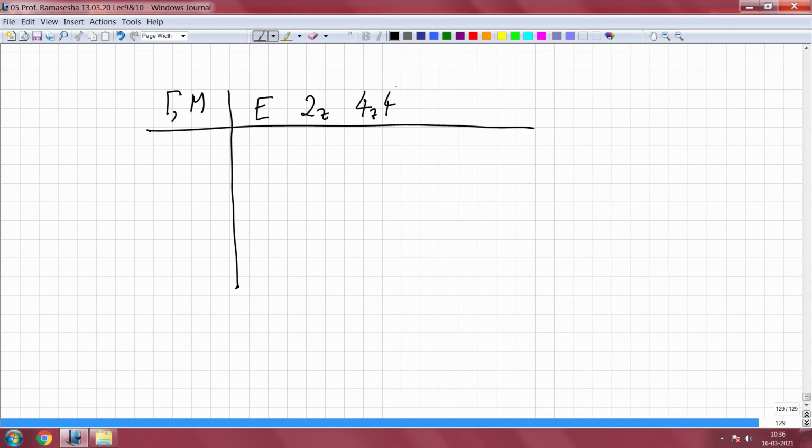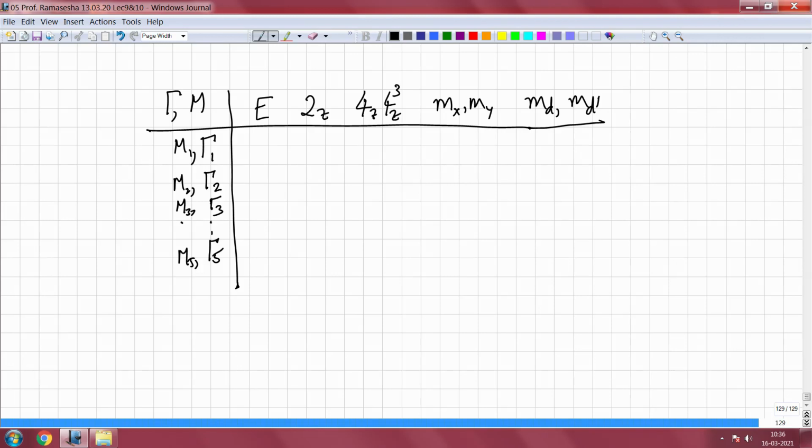The two are in the same class, and then I have a mirror plane mx comma my and a diagonal mirror plane which is md comma md prime. So, these are the symmetry elements, and the representations you will have are gamma 1, gamma 2 all the way up to gamma 5. You can call it M1 or gamma 1, M2 or gamma 2, M3, gamma 3, M4, gamma 4, etc.